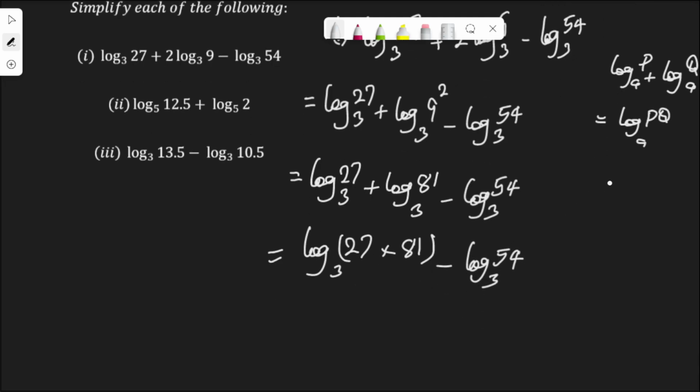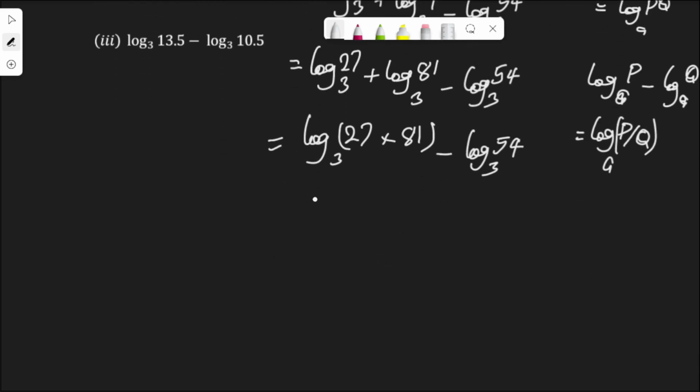Again, we have a law that says log p to base a minus log q to base a is equal to log p divided by q to base a. If we apply that law here, we will have log 27 times 81 divided by 54 to base 3.